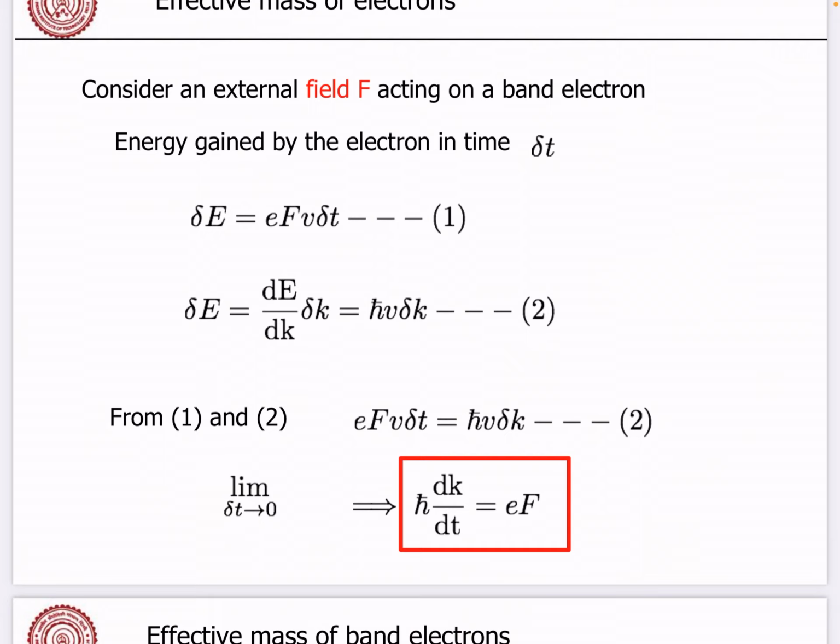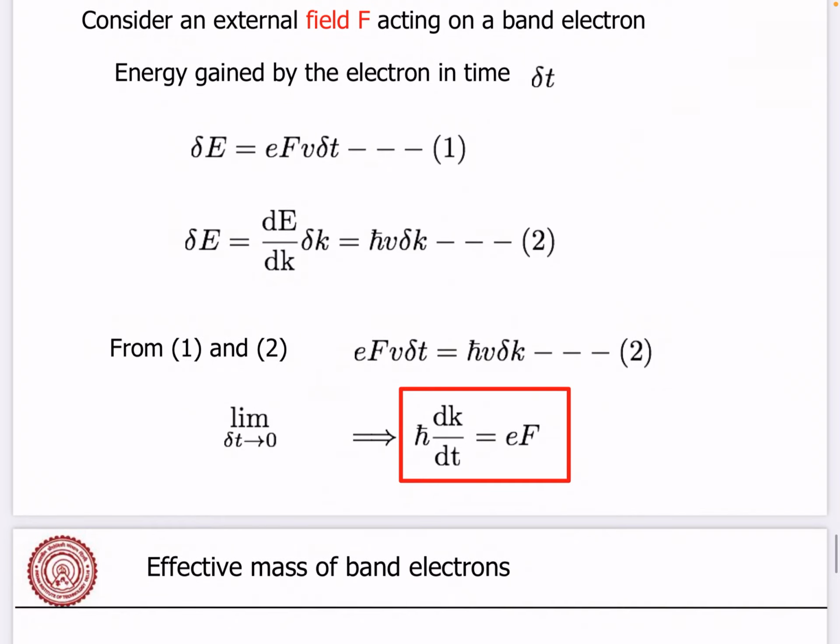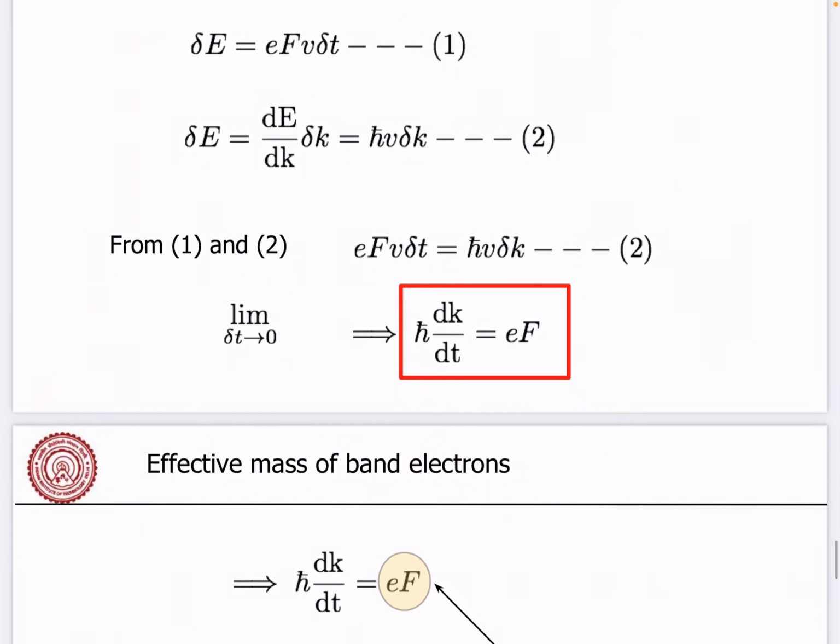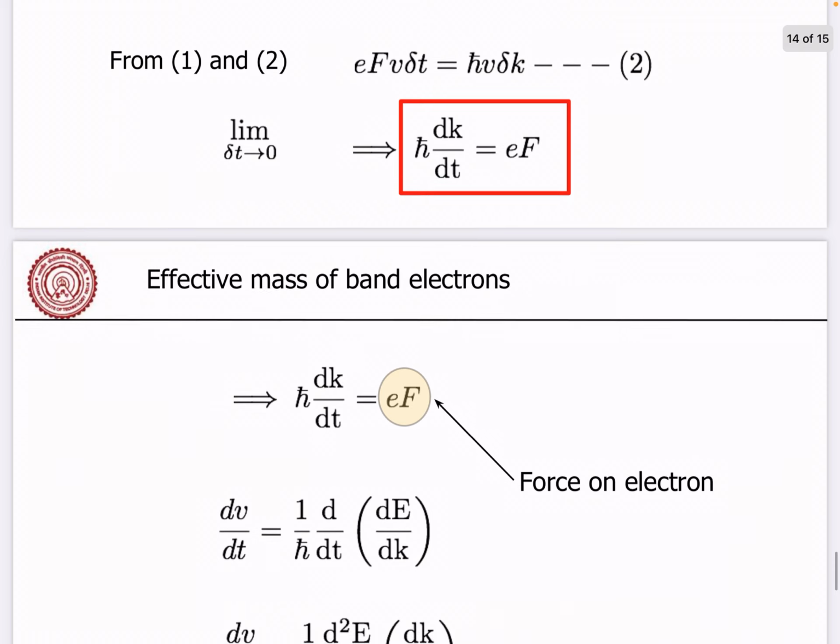Then h-bar dk/dt equals eF. What is eF? eF is the force due to the field F acting on the band electron.